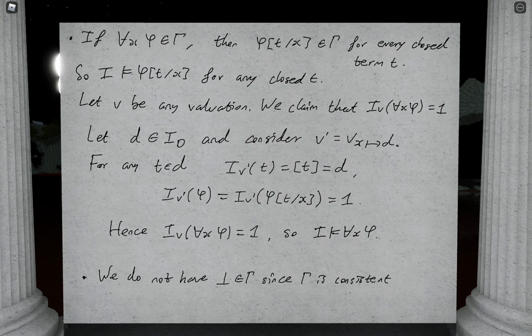So that suffices to say that if falsum is in gamma, then the interpretation makes falsum true. But it's not the case that falsum is in gamma, so that's trivially the case. Is that the case that you had in mind?